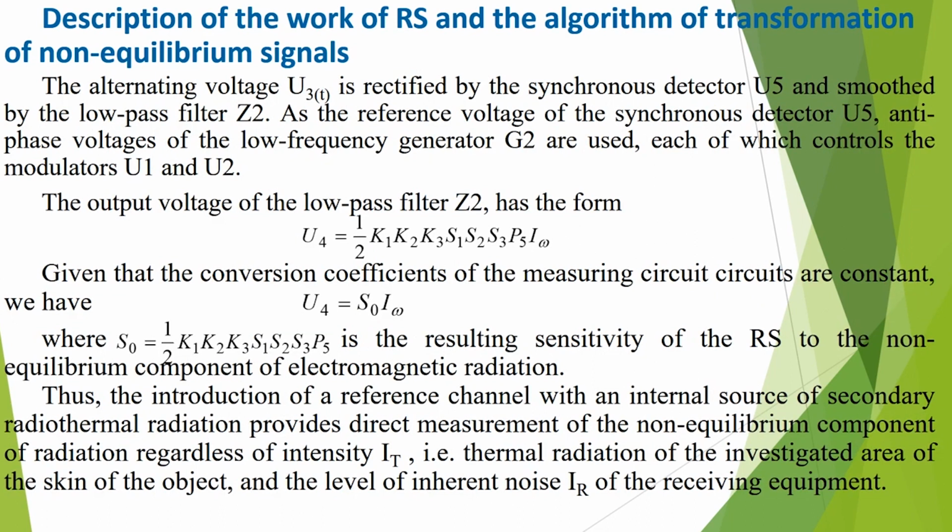As the reference voltage of the synchronous detector U5, antiphase voltages of the low-frequency generator G2 are used, each of which controls modulators U1 and U2.